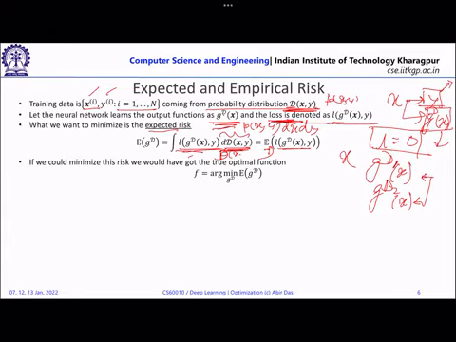So if we could minimize it, sir, but why do we need to minimize the expected risk? What would have been the problem if we just minimized the loss function? The loss function, yeah. Suppose you have 1,000 images, as I said. You would just try to minimize the loss function for each of them.